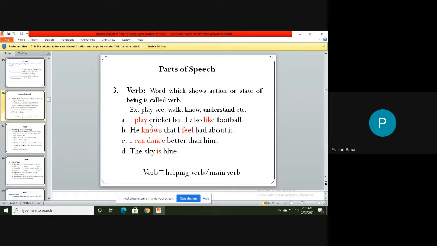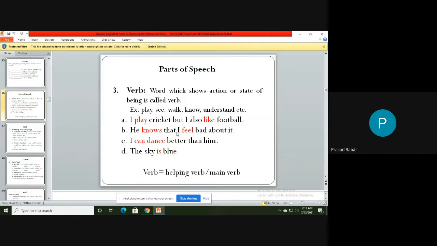Take the second example: he knows that I feel bad about it. So in this second example, we have two verbs. In this example, know and feel, these two are the verbs.